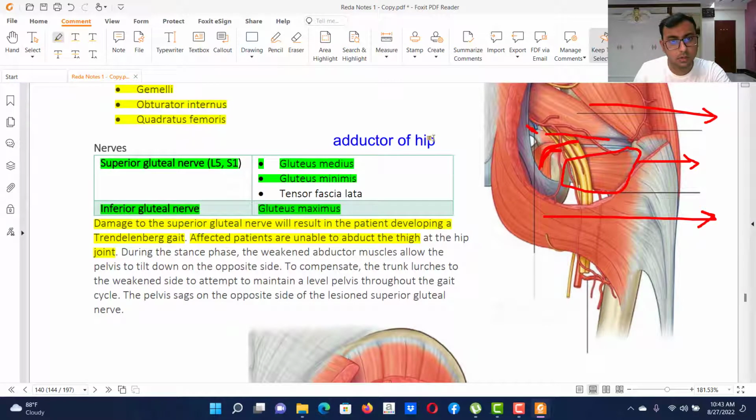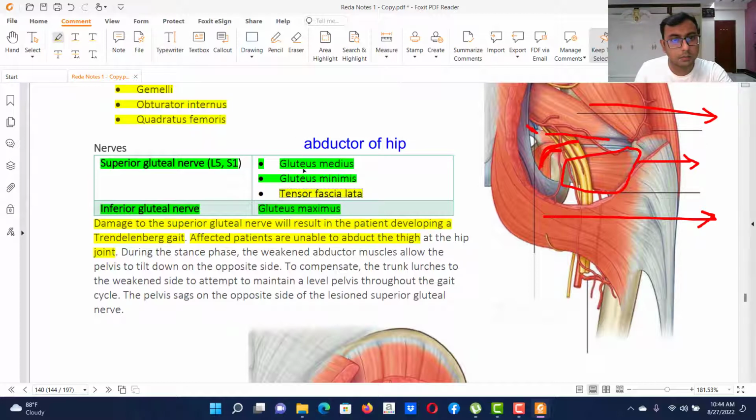This is abductor, not adductor. Let me correct it. That is abductor of the hip.